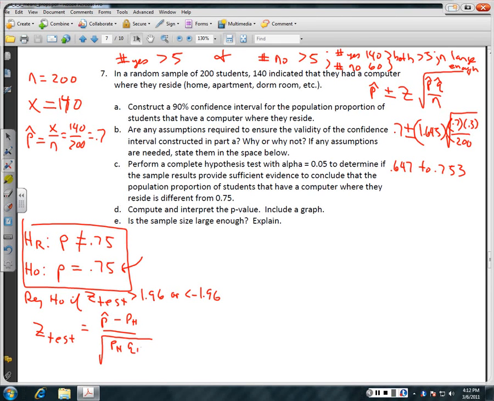So we're going to have p0 q0 over n. Our sample proportion was 0.7 minus 0.75, that was our hypothesized proportion, over the square root of 0.75, that's the hypothesized proportion right here, times 0.25 divided by our sample size of 200.